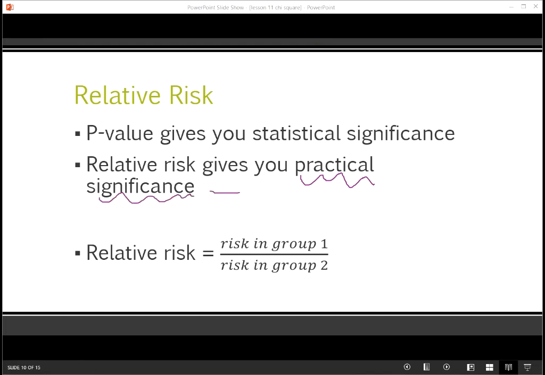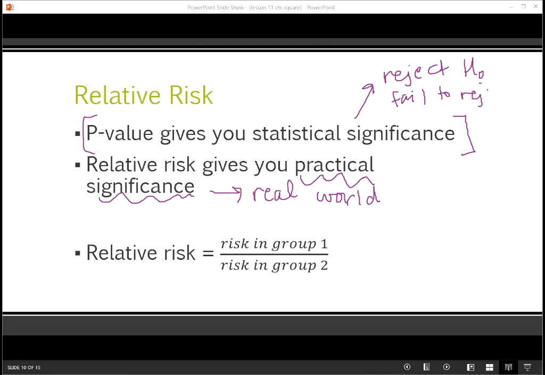Practical significance is more real world, it's not just numbers. This gives you more quantitative information about it. But like it says here, your p-value gives you statistical significance, so that's where we either reject our null hypothesis or we fail to reject.